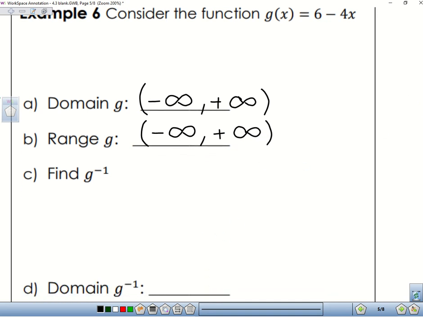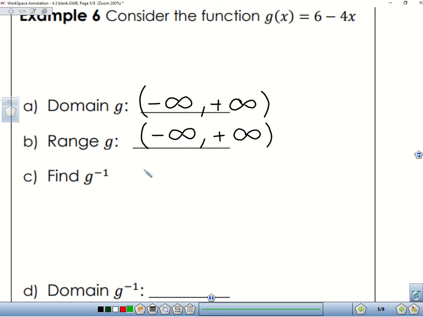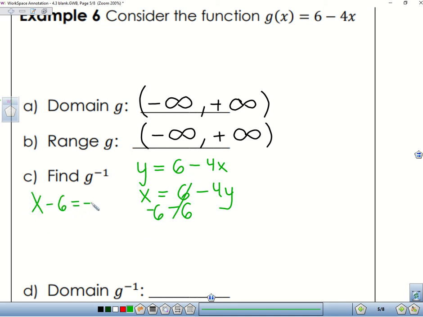So, we're going to find the inverse. To find the inverse, we replace our function with y instead of the function notation. And then we flip x and y. And then we just solve for y. So subtract 6. We get x minus 6 is equal to negative 4y. There's a 1 in front of the x, of course, so I divide by negative 4.